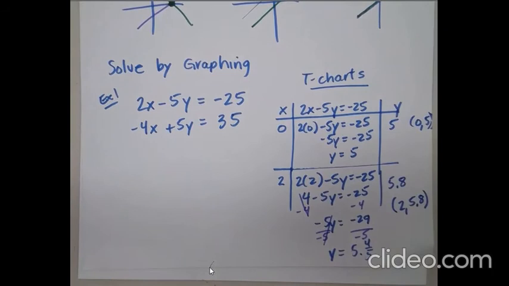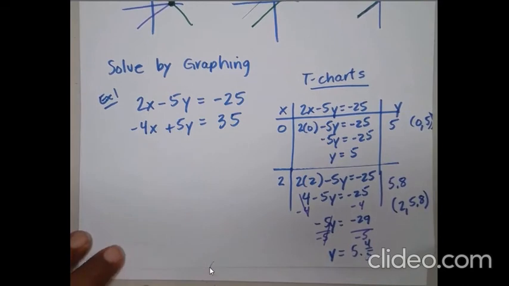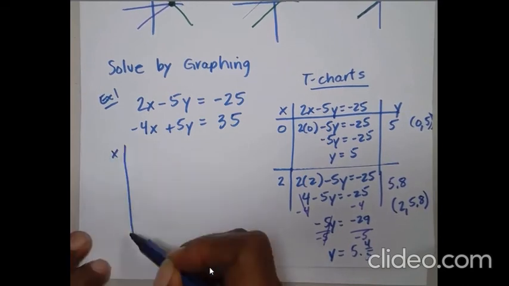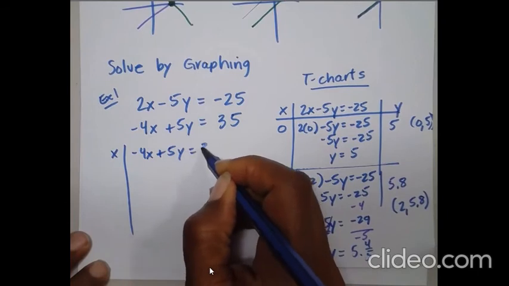You can continue to get some additional points, but if you believe you're good enough to do with 2, then 2 points is really plenty. Then you need a T-chart for the other graph. So let's go with x and negative 4x plus 5y equals 35.